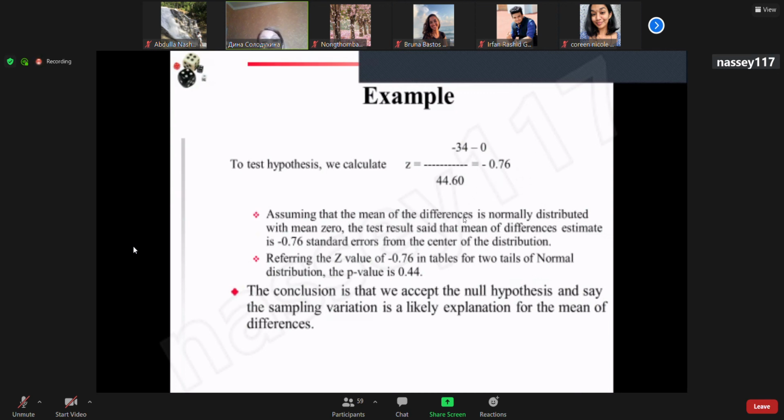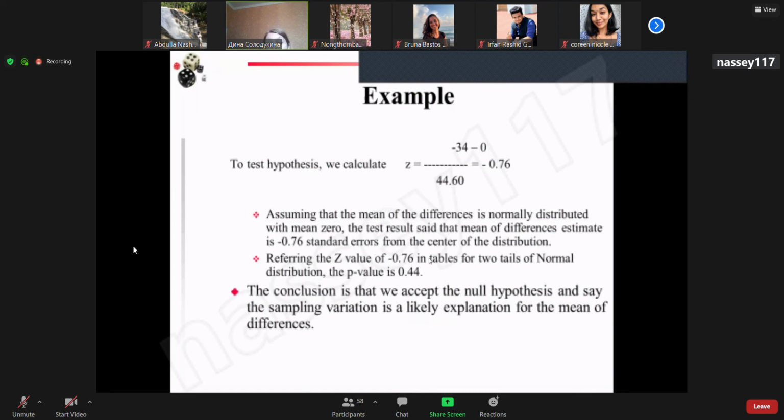So again, we have to look in the table. We get minus 0.76, and you have to understand where it lies. So we refer to this parameter in the table, and we check that the p-value is equal to 0.44.